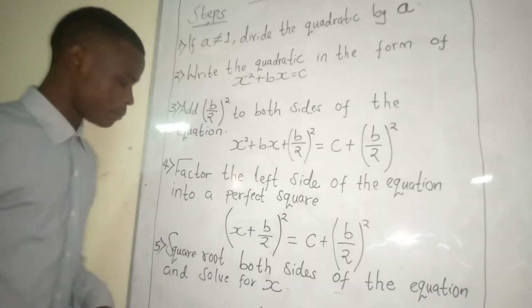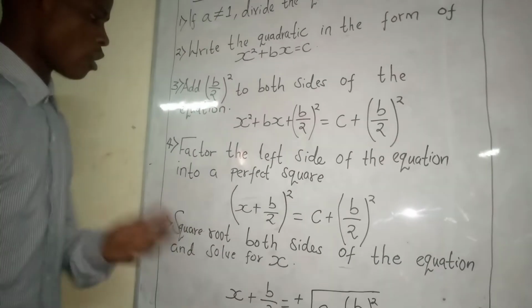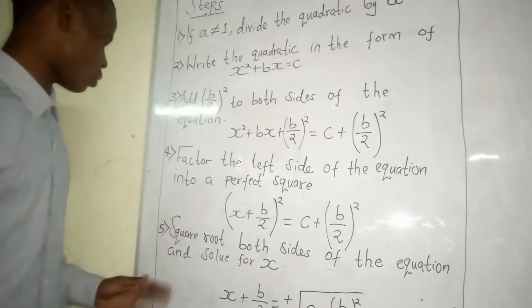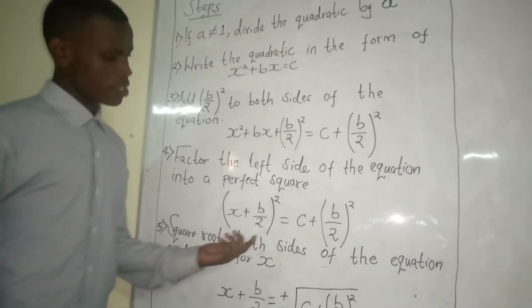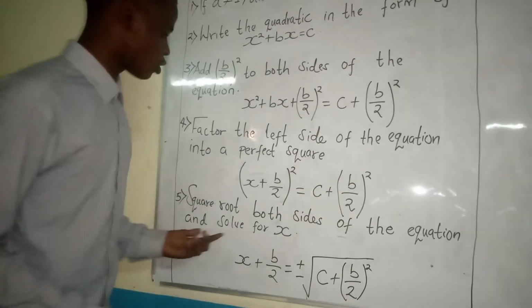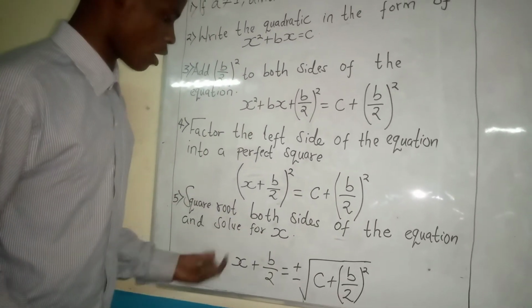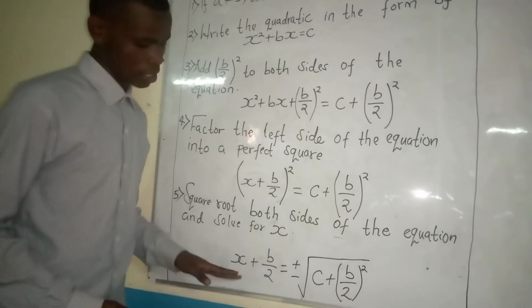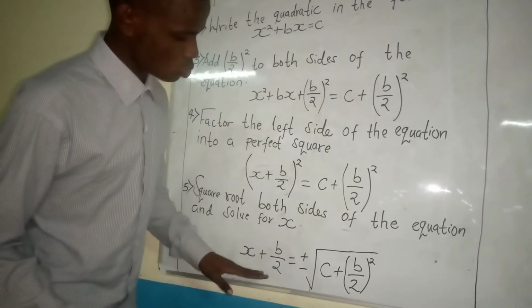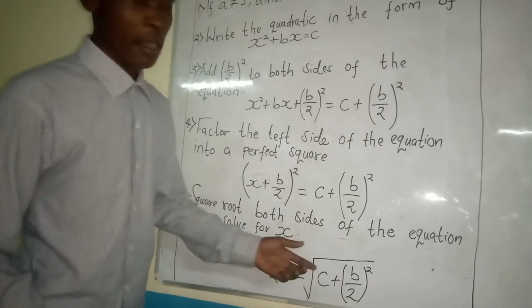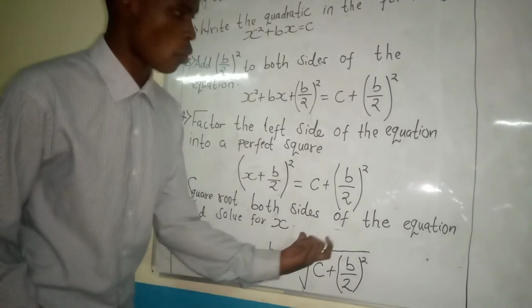Now the last step, after this, you will have completed everything in a completing square equation: square root both sides of the equation and solve for x. After you square root, our equation will be x plus b over 2 equals plus or minus the square root of constant plus (b over 2) squared.